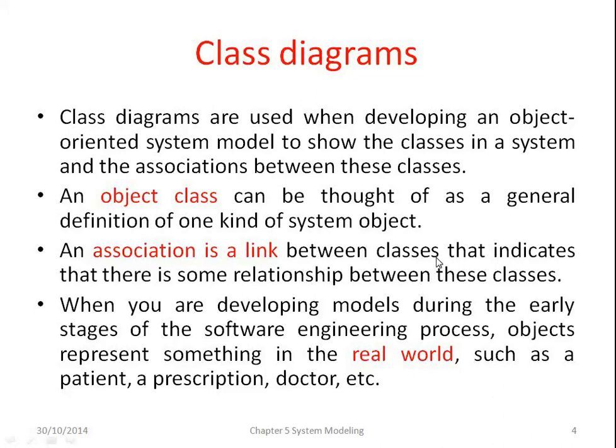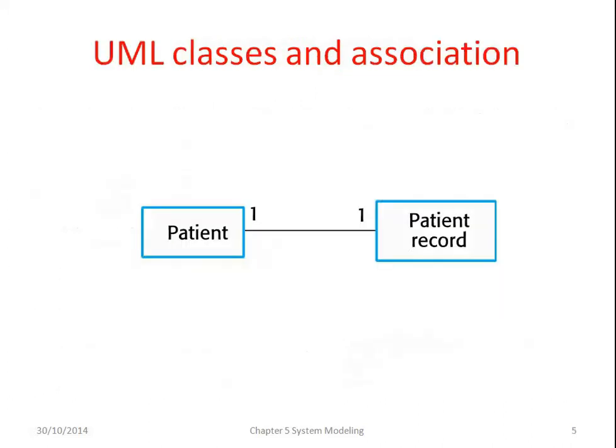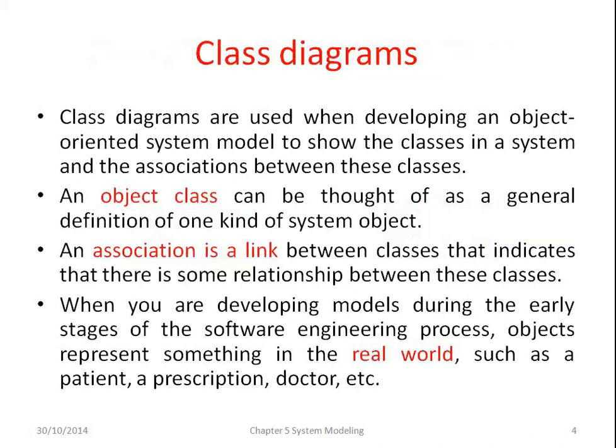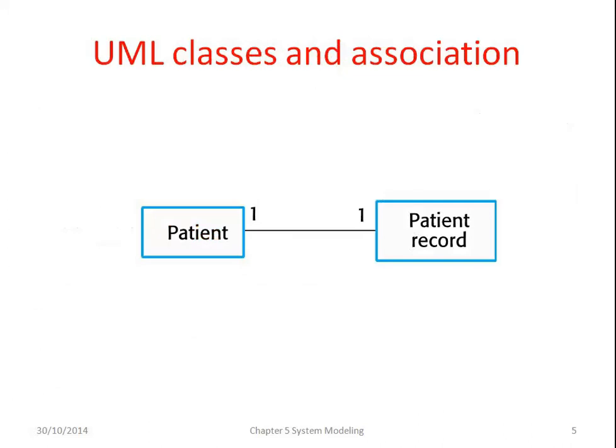The class contains attributes and operations. When you are developing models during the early stage of the software engineering process, objects represent something in the real world, for example the patient, prescription, doctor. All these are examples of objects. Here a UML class diagram and association is shown. Here the patient is a class and the patient record is another, with a one-to-one association.